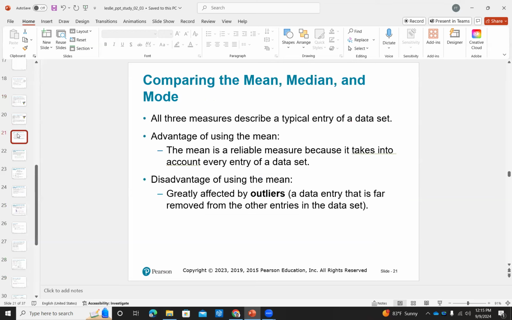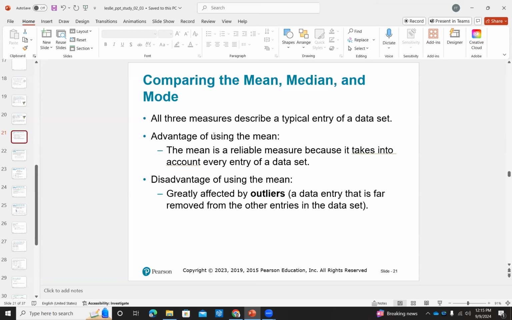Comparing the mean, median, and mode. All three measures describe a typical entry of a data set. Advantage of using the mean: the mean is a reliable measure because it takes into account every entry of a data set. Disadvantage of using the mean: it is greatly affected by outliers, which is a data entry that is far removed from the other entries in the data set.